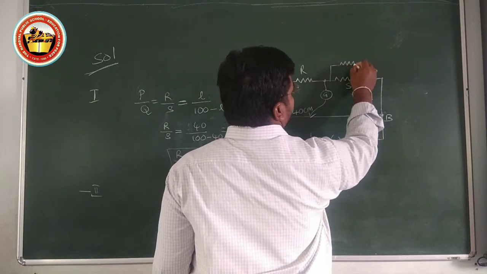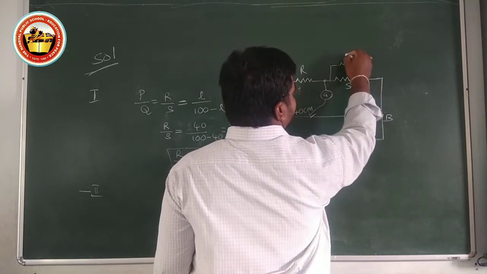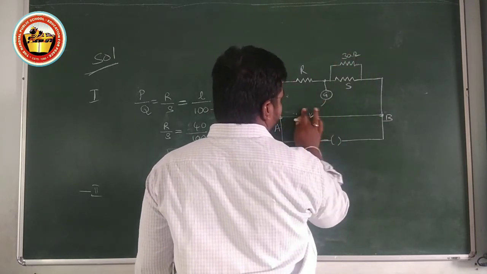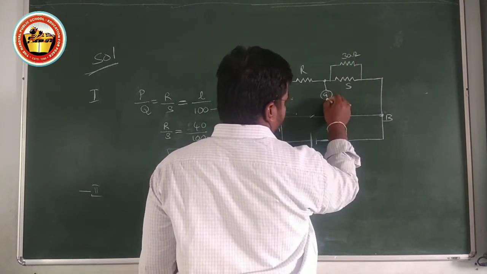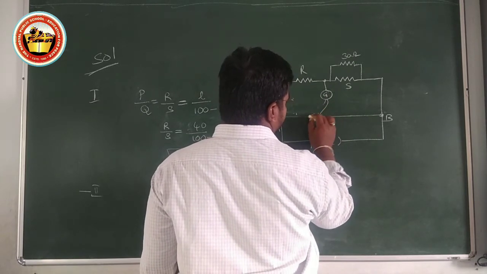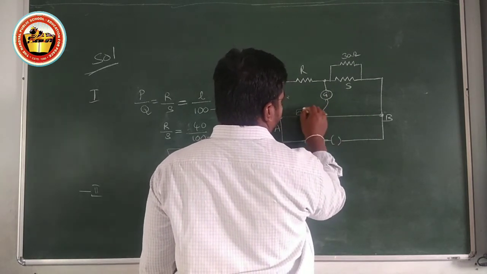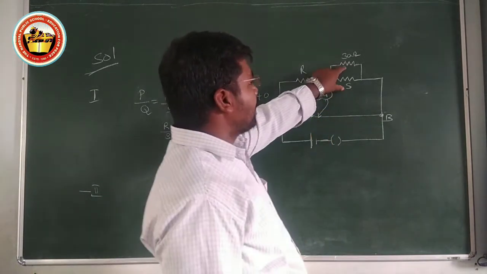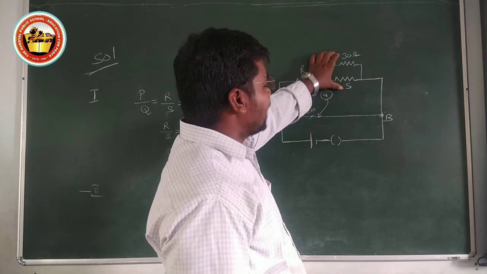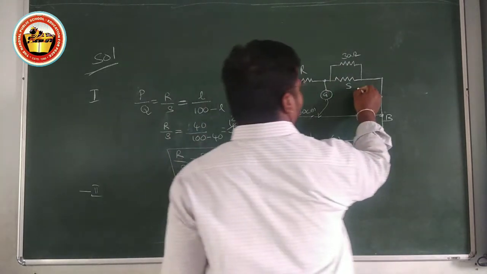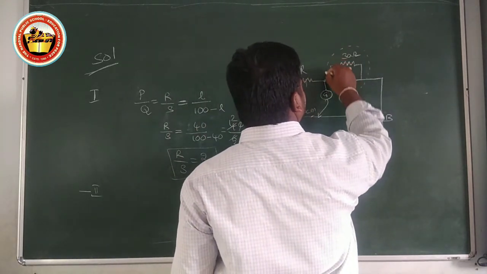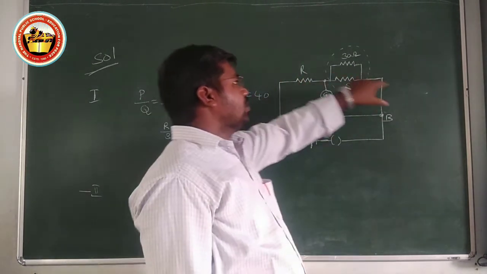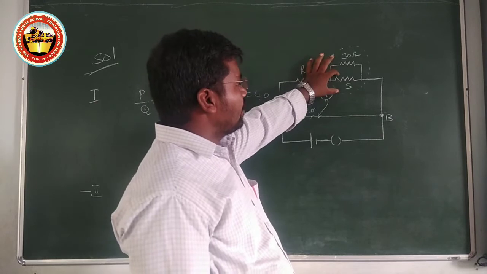Now the null deflection changes. Here in this problem they have given 50 centimeters. So by using the parallel formula, we have to find the effective resistance of these two resistors which are connected in parallel. According to the question, 30 ohms resistance is parallel with S.